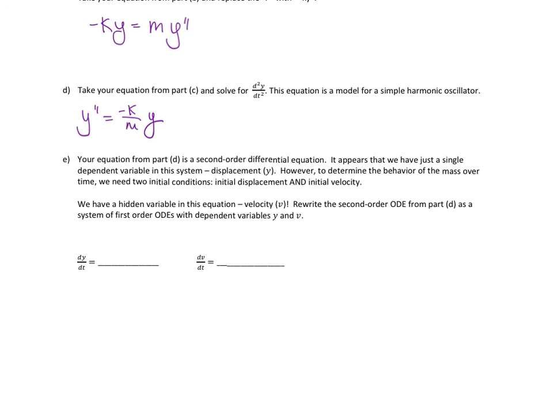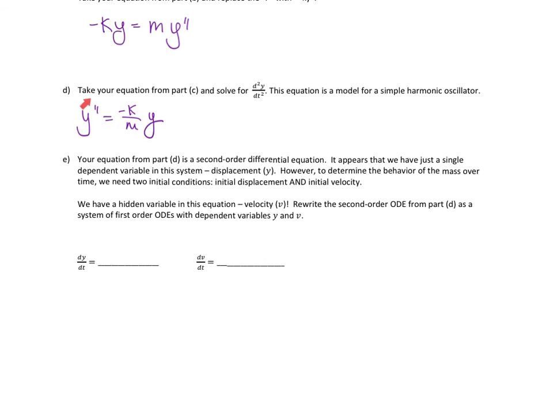So dy/dt and dv/dt, two different equations. So dv/dt, the derivative of velocity, is just acceleration, or the second derivative of position. I have a formula for that, negative k over m times y.